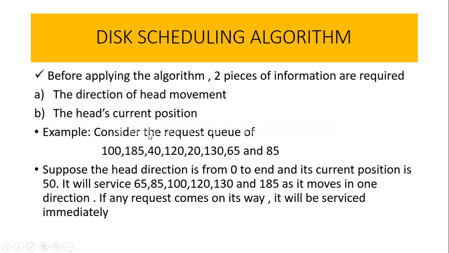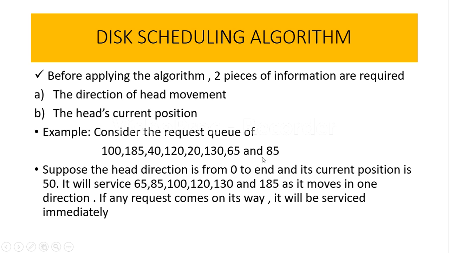So I'm considering the same request queue as I have taken for the previous two examples of FCFS and shortest seek time first scheduling algorithm. The request queue is the same, that is 100, 185, 40, 120, 20, 130, 65 and 85. These are the track numbers.